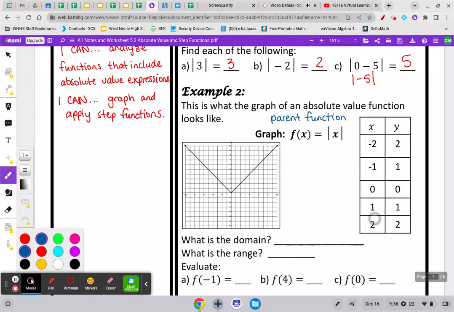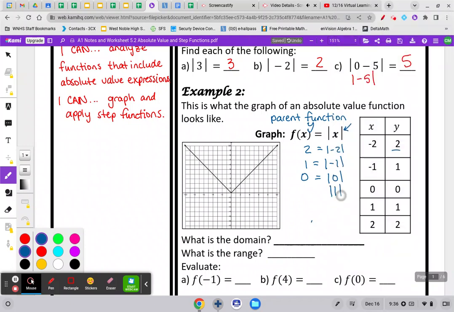So for example, if we have the x value of negative 2, when we solve that, our y value is positive 2. If we plug in an x value of negative 1, our y value is positive 1. Hopefully you guys see how I'm plugging it in. I'm kind of working backwards compared to the table, but this guy over here is my y, and obviously I'm plugging in my x.